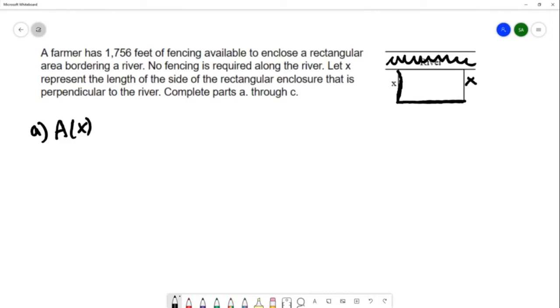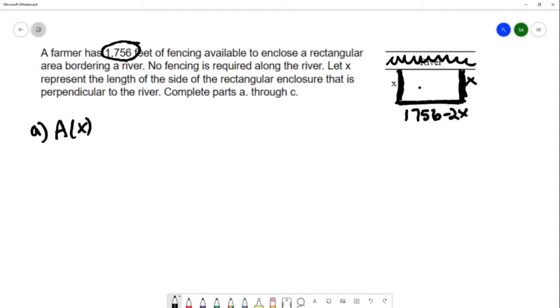We know how to label that because we have 1,756 feet of fencing. So the rest of the fencing is going to go along this portion. X of it will go along this, and x of it will go along this. The rest of it will go along this one parallel. So that's going to be 1,756 minus 2x.